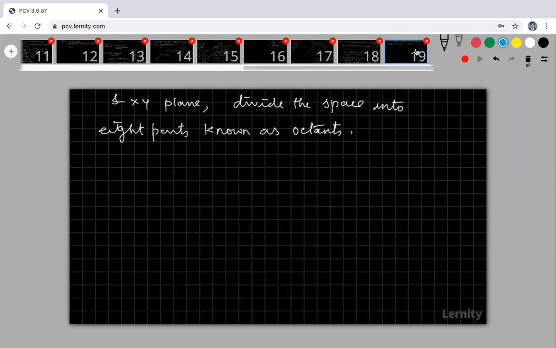Yes, Kanna. So can we discuss that table also? The octant, the sign of the coordinates of a point, determined in the octant. Students, please note down the sign of the coordinates of a point.